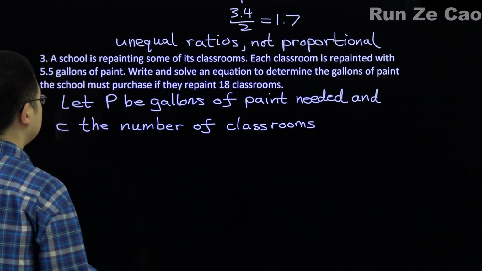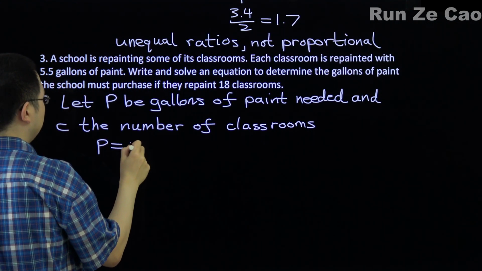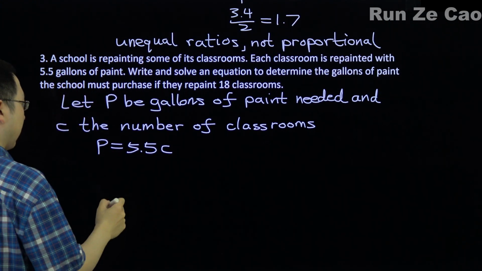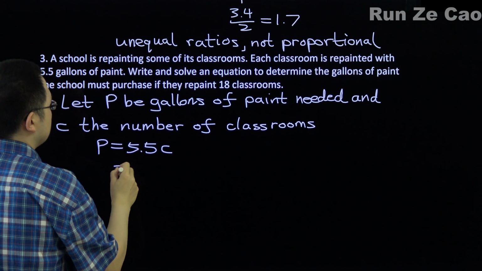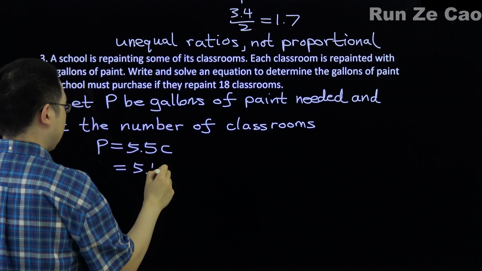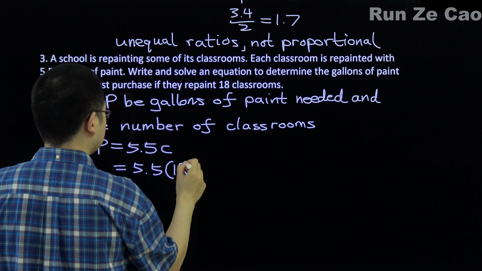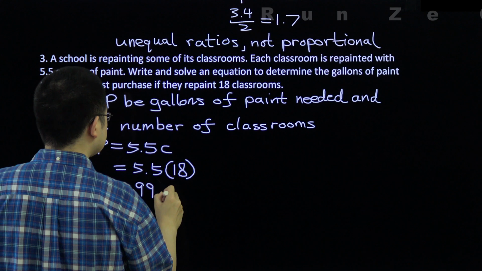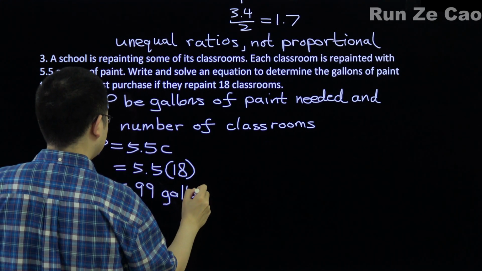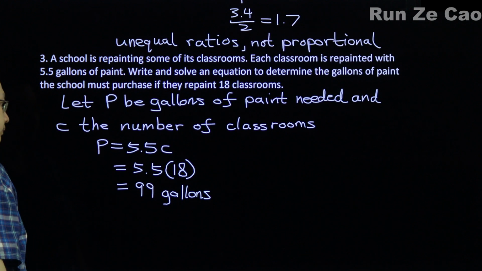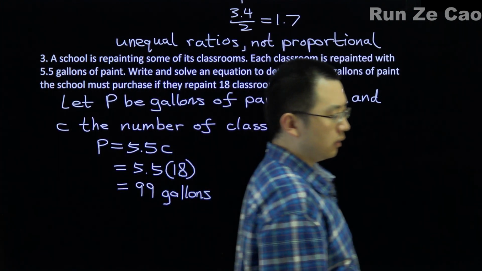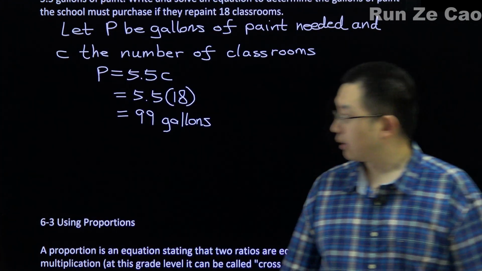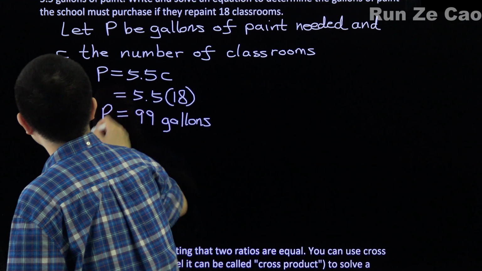We're looking at P equals 5.5 gallons per classroom multiplied by the number of classrooms to give us gallons. In this case, it's 5.5 times 18 classrooms, which would give us 99 gallons. Okay then. You might want to put P over here again. Just saying.